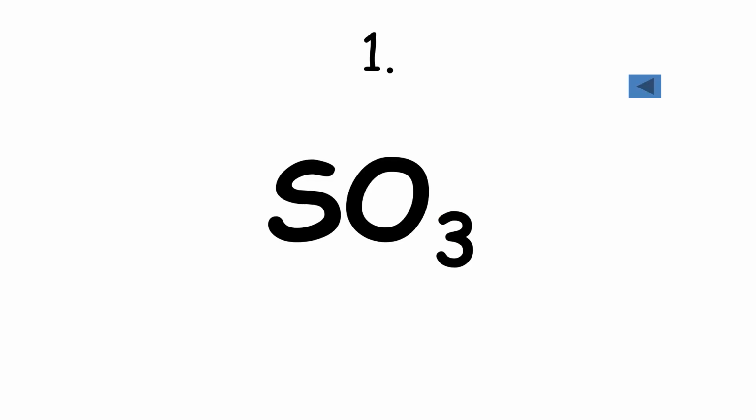So let's try to come up with a name for this one. Go ahead, write it on your paper. Write down the name that you think, and then we'll go over it.